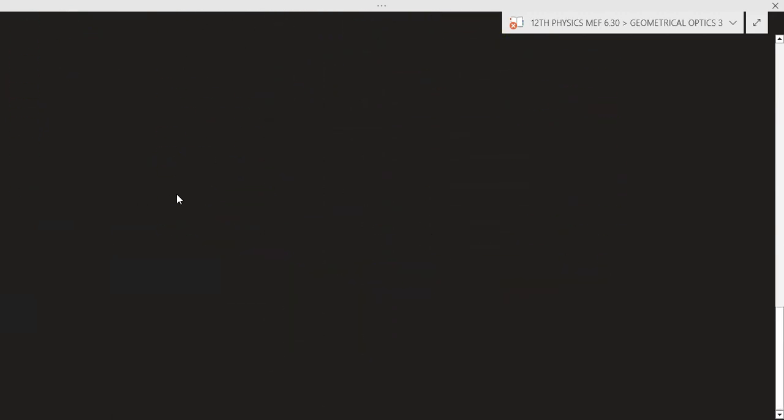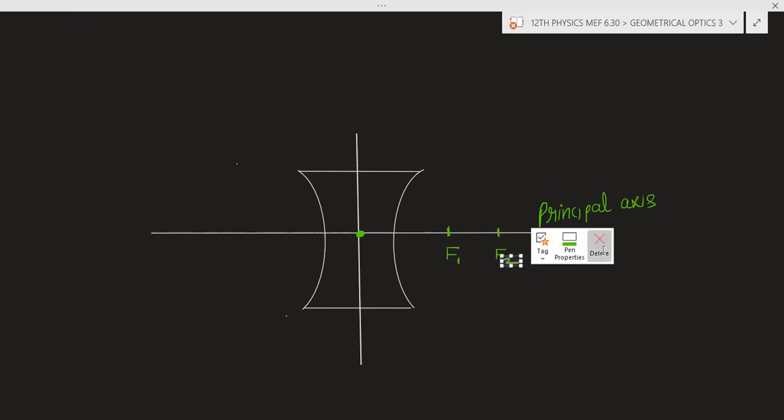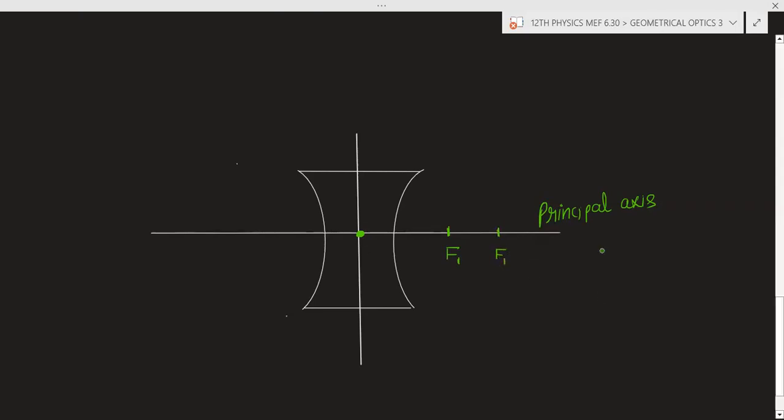So in case of the concave lens, here will be F1 and here will be 2F1. Here will be F2 and here will be 2F2.